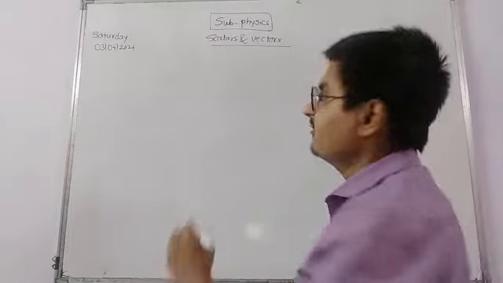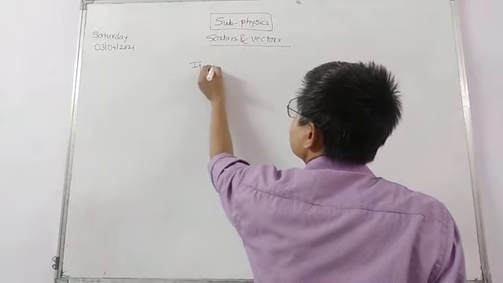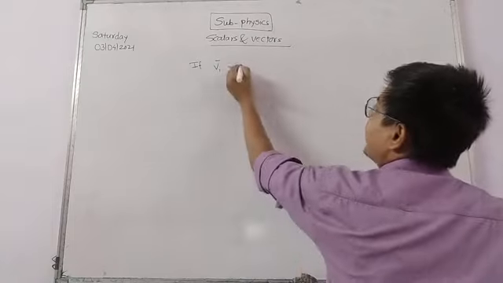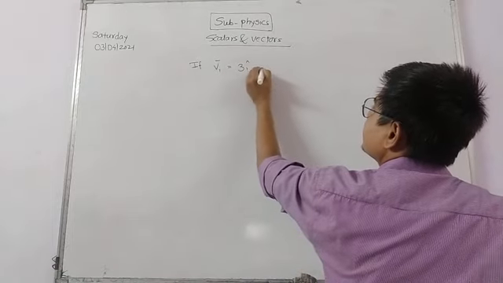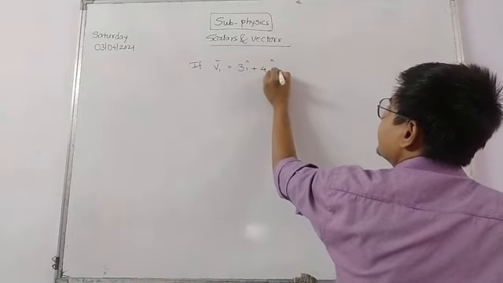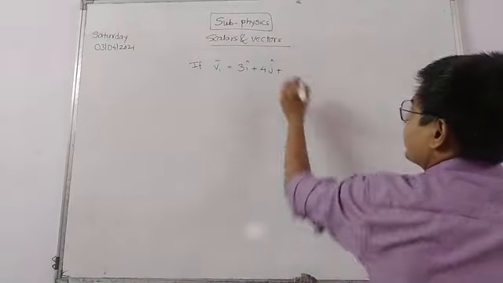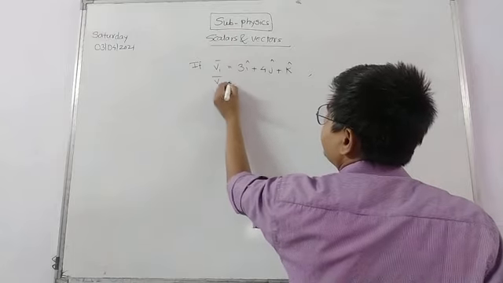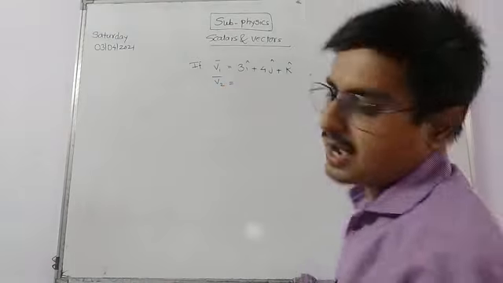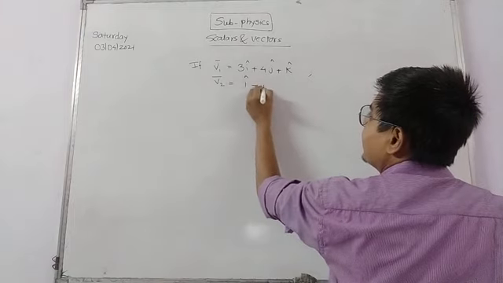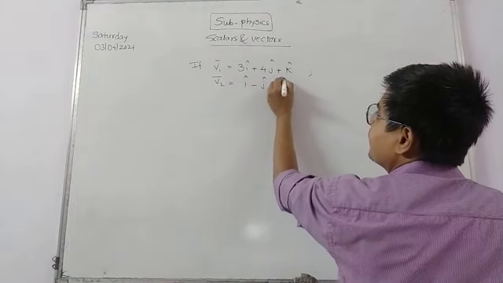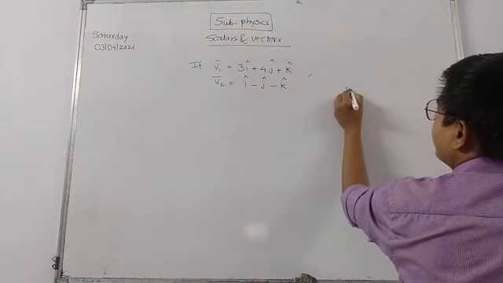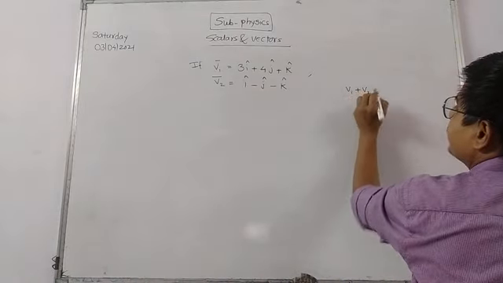If V1 bar is equal to 3i plus 4j plus k bar, and V2 bar is equal to i bar minus j bar minus k bar, they are asking to determine the magnitude of V1 plus V2 bar.